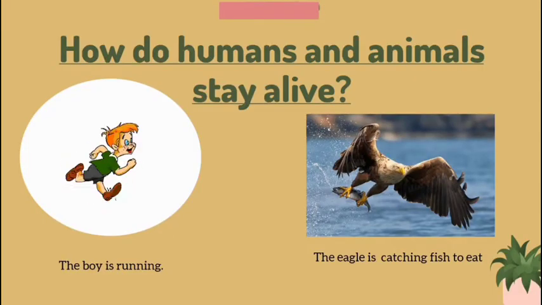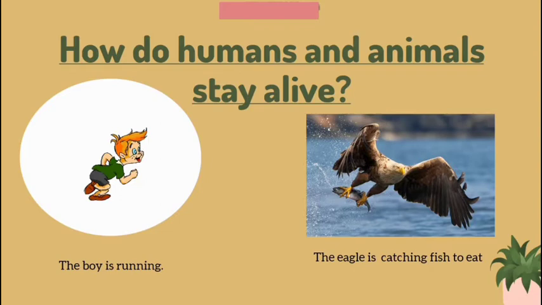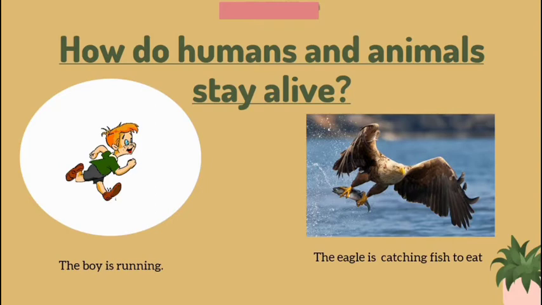How do humans and animals stay alive? In this slide, we have two pictures. The first one is a picture of a boy who is running. And the next one is a picture of an eagle. Yes, the eagle is catching fish to eat.